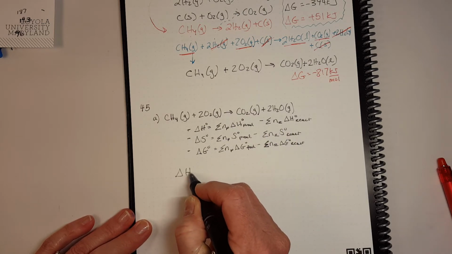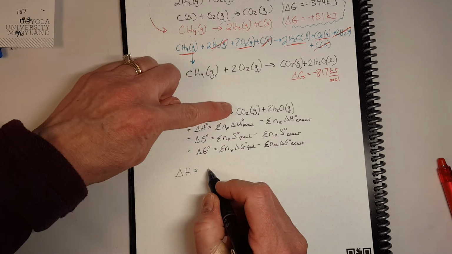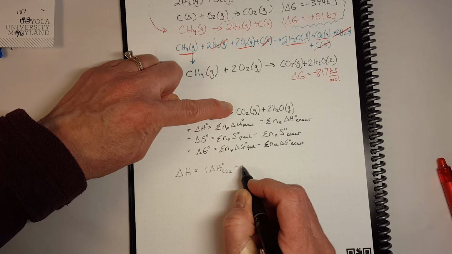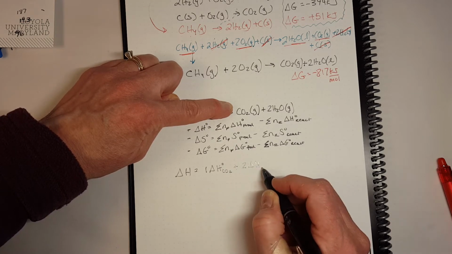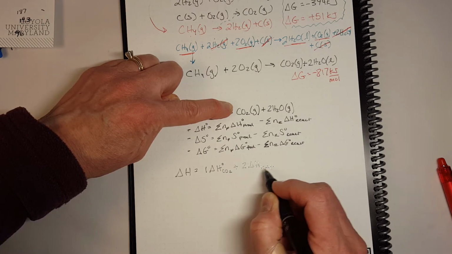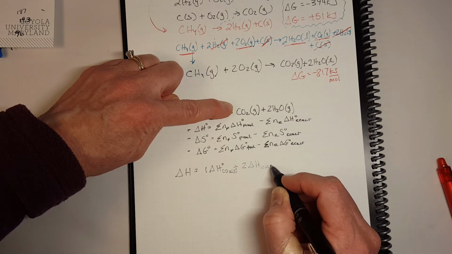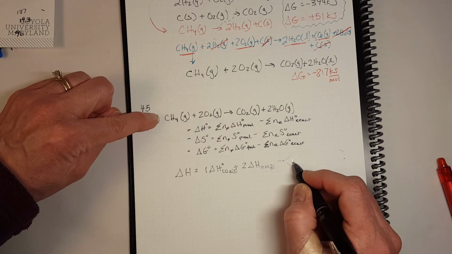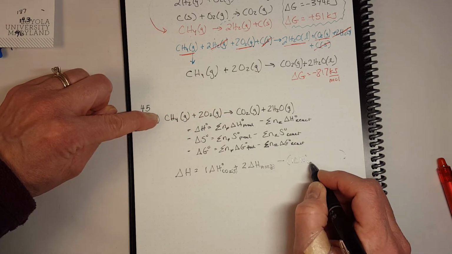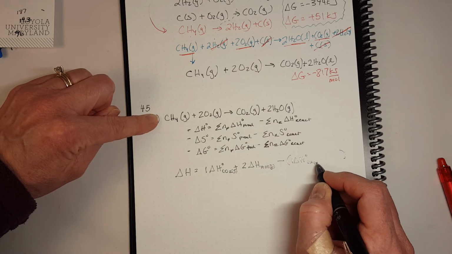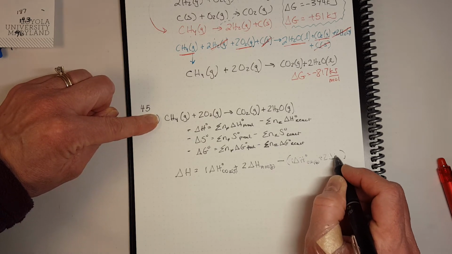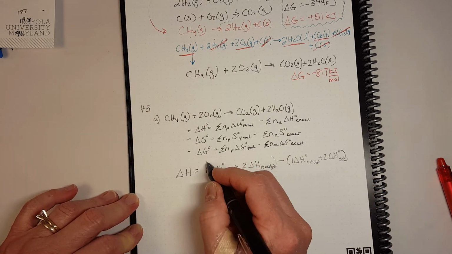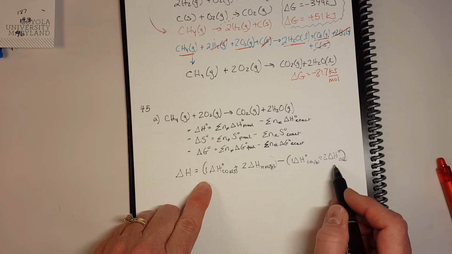So delta H is going to equal products: 1 times delta H in standard state of CO2 plus 2 times the delta H of H2O gas, and I should put these states, gas, because that matters, minus, in parentheses, your reactants: 1 times delta H of the CH4 gas, and 2 times delta H of the O2 gas. Okay, and we'll put parentheses around products minus reactants.